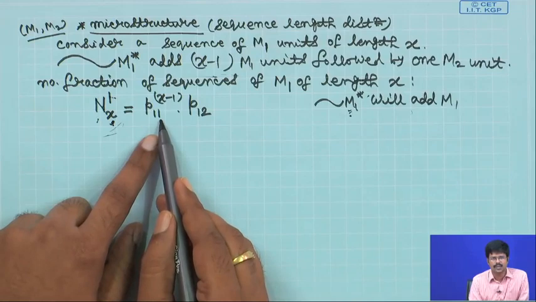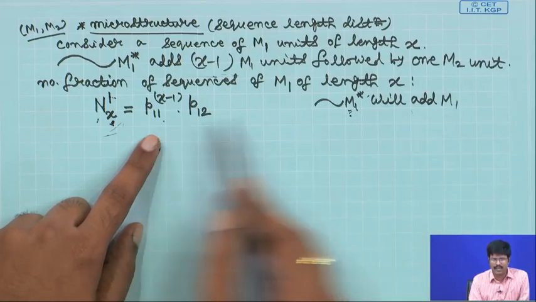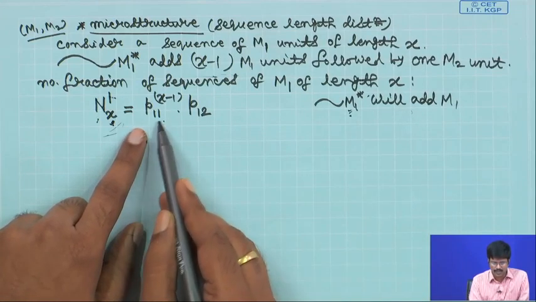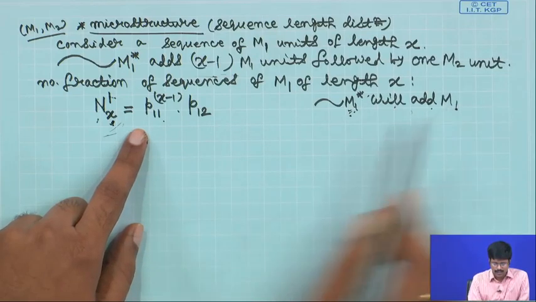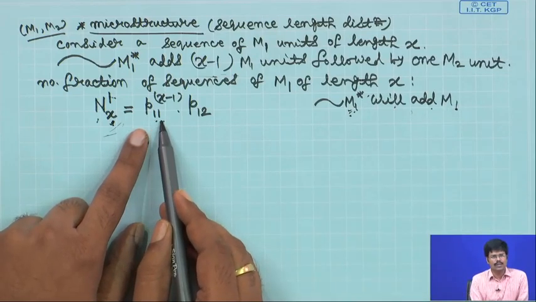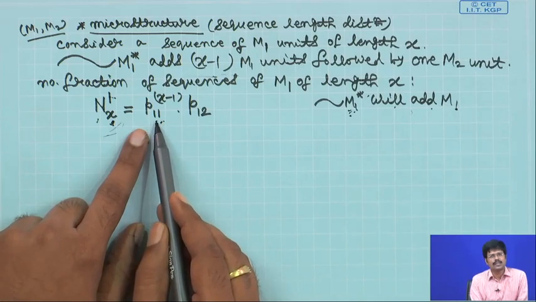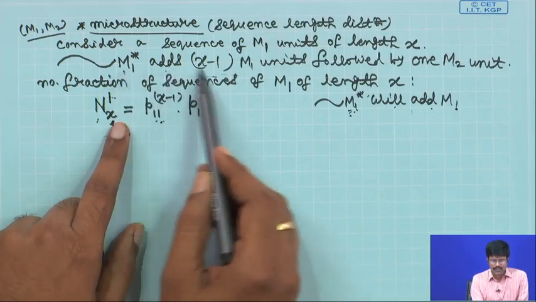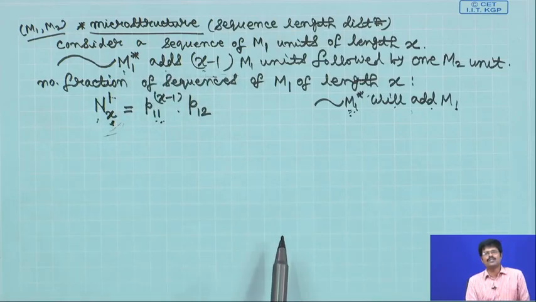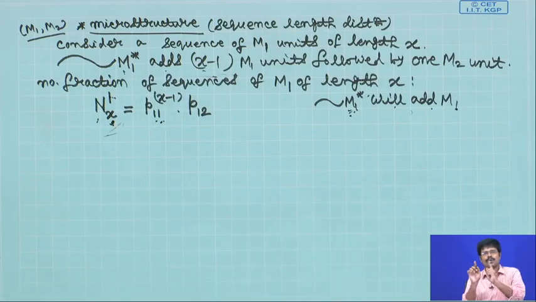Second number indicates the monomer identity. So, P11 means the probability that M1 star will add M1. So, this probability is P11 and that has to be multiplied x minus 1 times. Why? Because M1 star has to add x minus 1 number of M1 units in order for the total number of M1 units to be x. So, that is P11 to the power x minus 1.